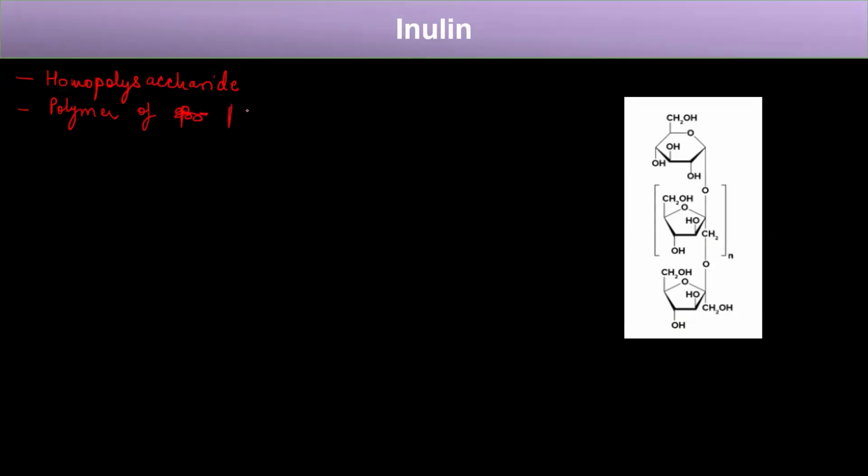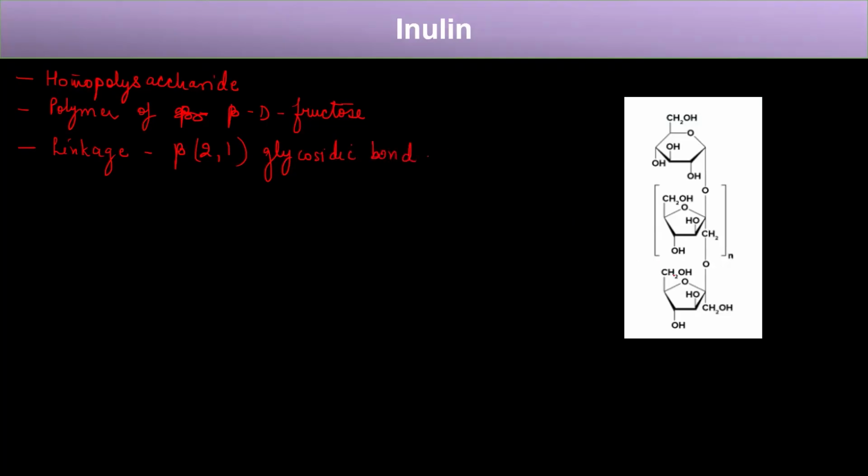Because it has only one type of monomeric unit, it is known as a homopolysaccharide. Now, what kind of linkage is present in inulin, or how are these beta D fructose units linked to each other? The linkage in inulin is a beta 2,1 glycosidic bond.